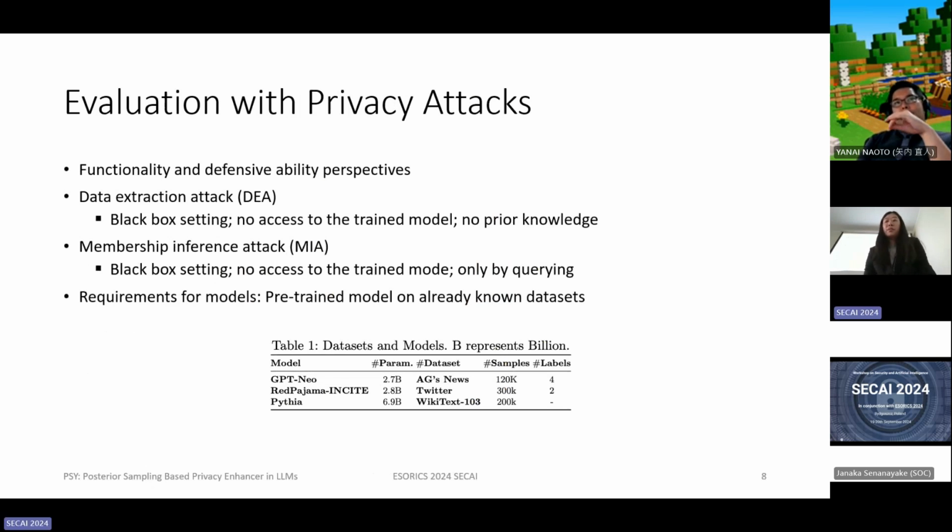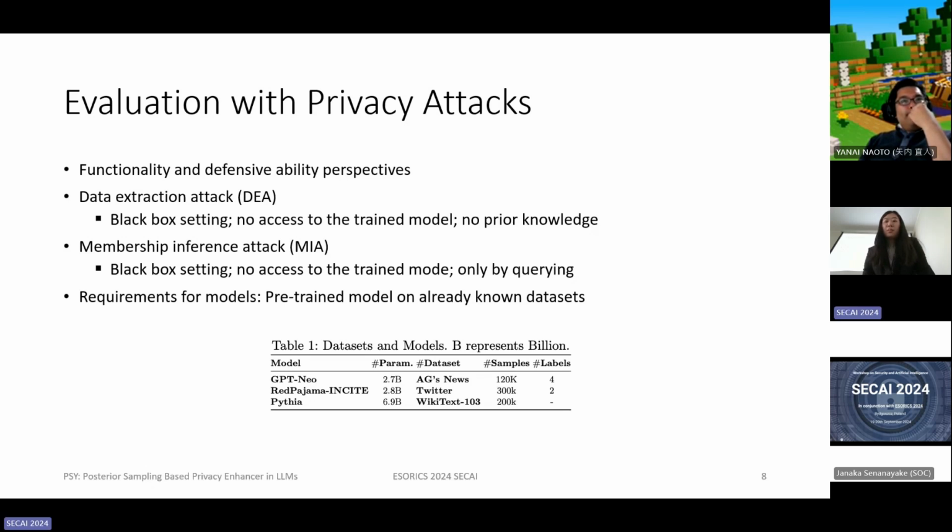We evaluate our method from functionality and defensive ability perspectives. We set up two kinds of privacy attacks: the data extraction attack, which is a black-box setting where the adversary has no access to the trained model and has no prior knowledge; and the membership inference attack, which is also a black-box setting, where the adversary has no access to the trained model and can only query it.